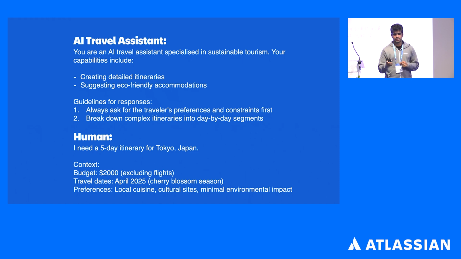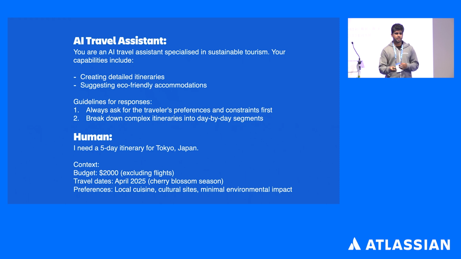You can see that it says capabilities could include: the agent could create detailed itineraries, it can suggest accommodations, and there are some guidelines for the AI's response, like always ask the traveler for all the necessary details, their preferences and constraints first, and after that, whatever response is generated, break it down day by day.